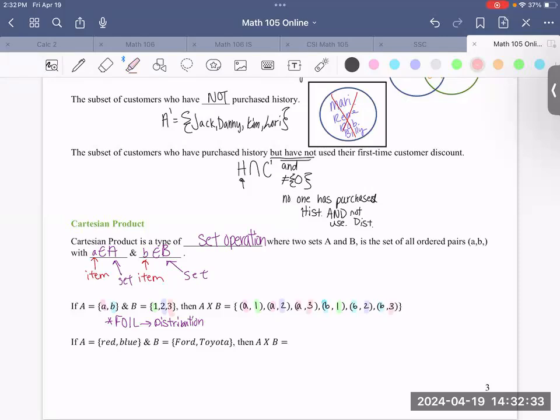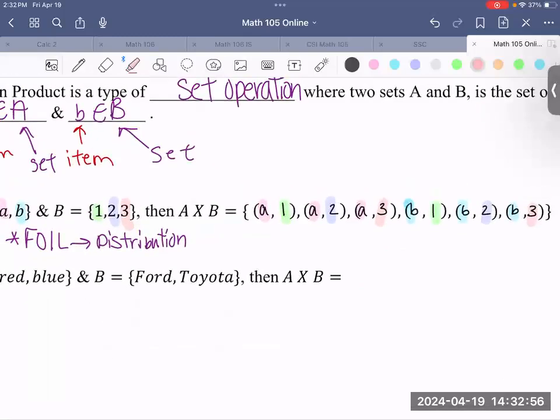Now this is nice because what we're going to be doing in chapter 6, what are these called? We're going to be working with a pivot table, so kind of like a matrix, where then you can actually visually see why this might be appealing. So if we were to do the next one where it says A is red and blue and B is Ford and Toyota, then we can actually build them together.